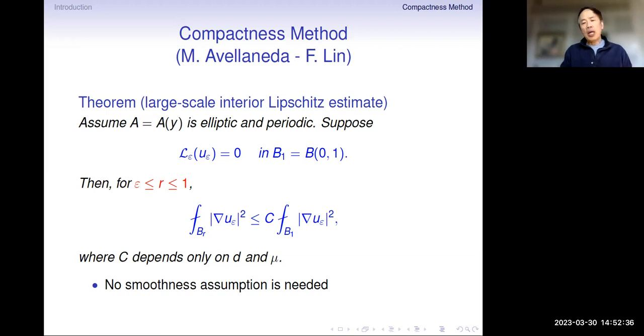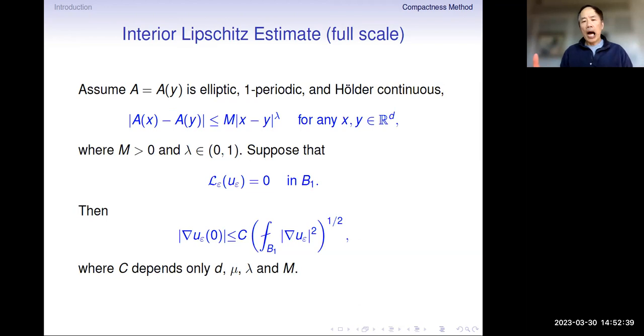All right. So first, let's see how we combine this large scale estimate with the classical theorem for small scale to get a full scale interior Lipschitz estimate. Okay, so let's say you have matrix A, which is elliptic, periodic as before, but now we're also assuming that A is Hölder continuous. It satisfies this condition: the absolute value of A(x) minus A(y) is bounded by m times |x minus y| to the power lambda.